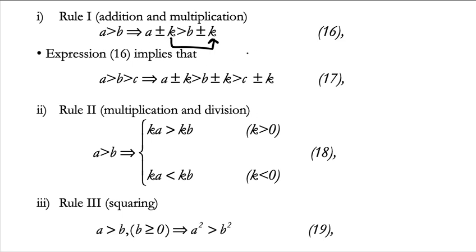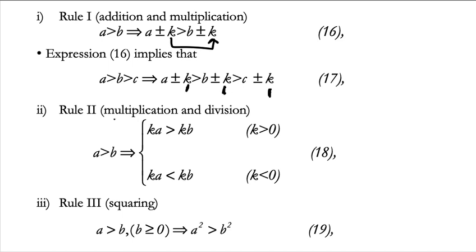So from 16 here, it implies what? If A is greater than B and B is greater than C, this implies that A plus or minus any constant K must be greater than B plus or minus K, which must be greater than C plus or minus K. And again, the K value here must be the same as here and here.